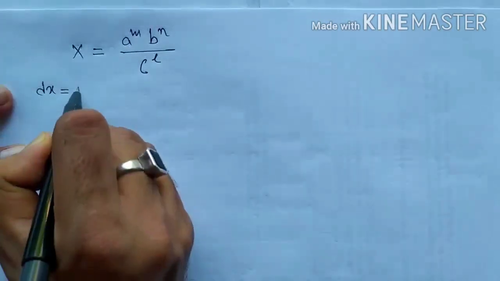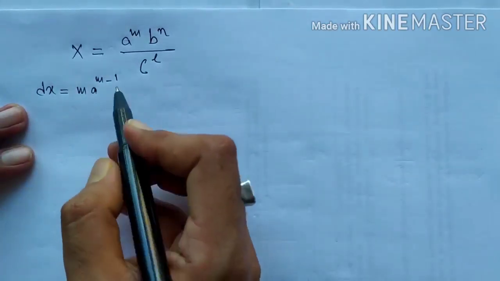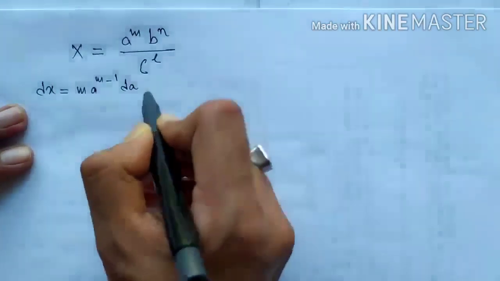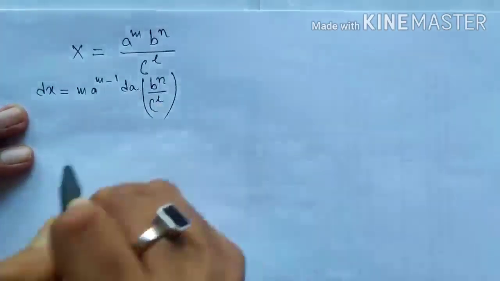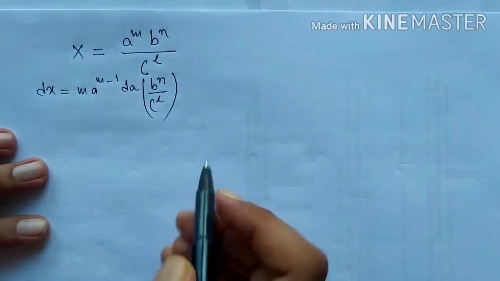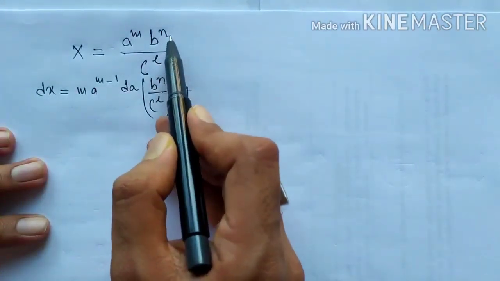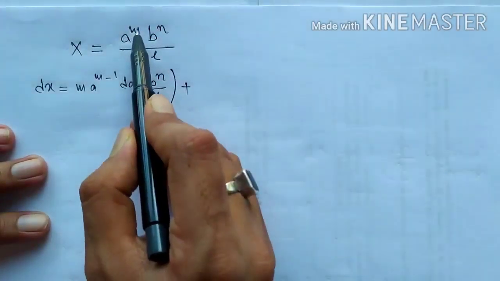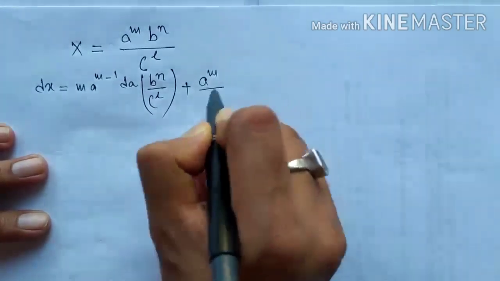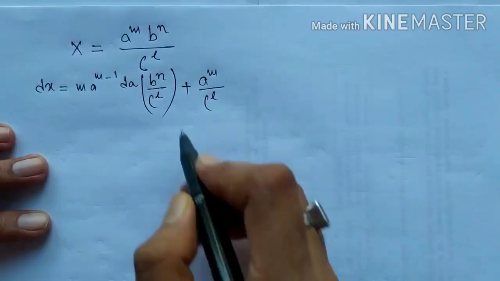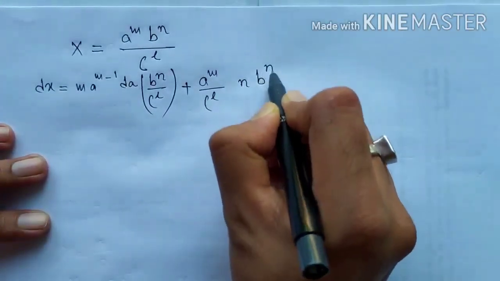So it will be M A to the power M minus 1 dA, then B to the power N by C to the power L I am treating as constant. Plus, now I will be differentiating B to the power N, then I will be keeping A to the power M by C to the power L as constant.